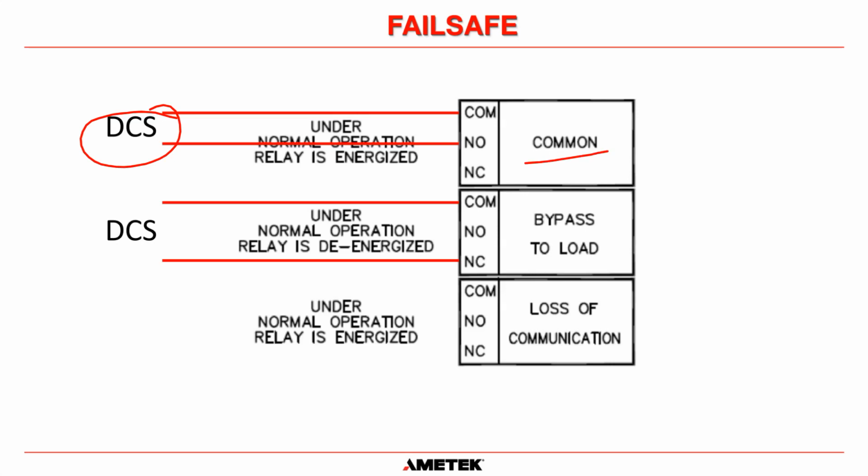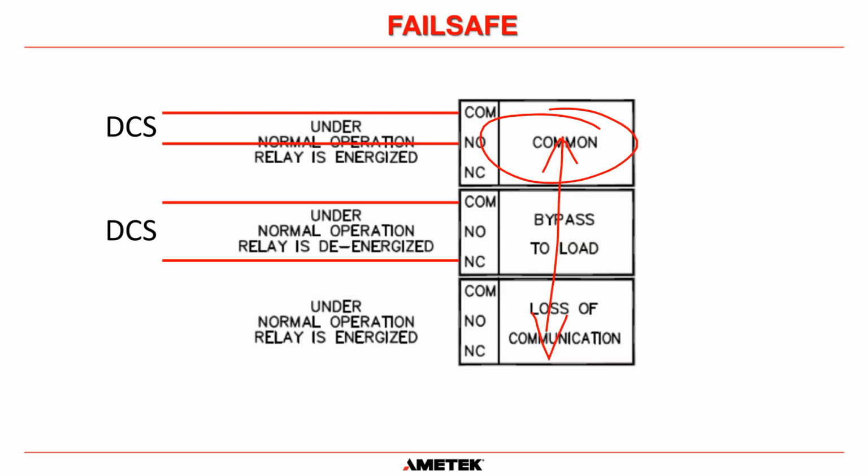Now, some people, I don't know why they do this, I suppose it makes sense when you're out in the field. If they do only have 1 DCS contact available, what some people will do is daisy chain these alarms together. So if any one of these alarms comes on, it will repeat back to the DCS system. But as I said before, the common alarm already does that for you inside the UPS. There is absolutely no need to daisy chain any of these alarms.